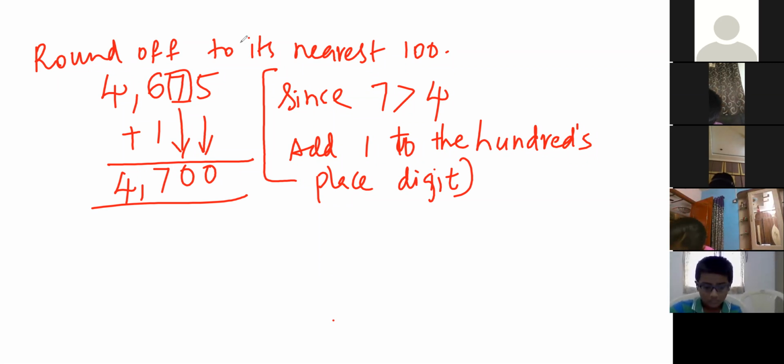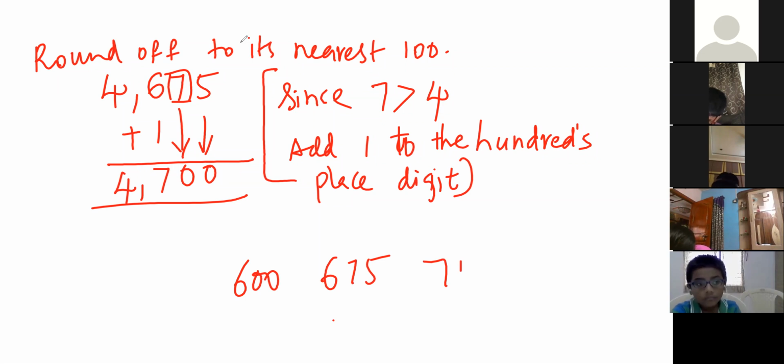It means that 675 actually lies between 600 and 700, right? We have to choose the nearest multiple of 100.